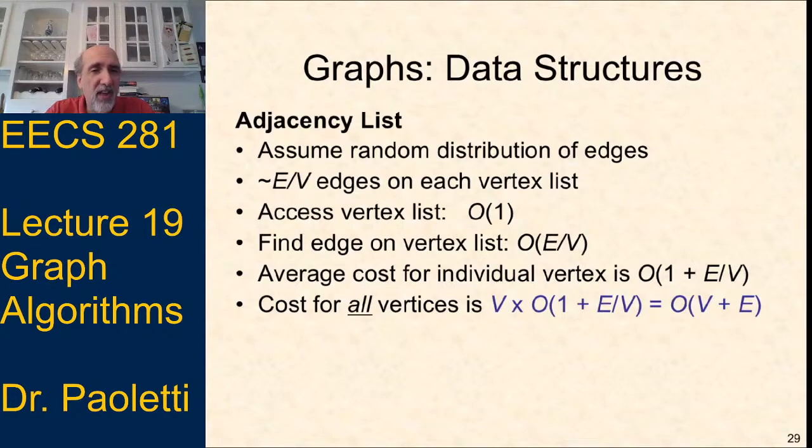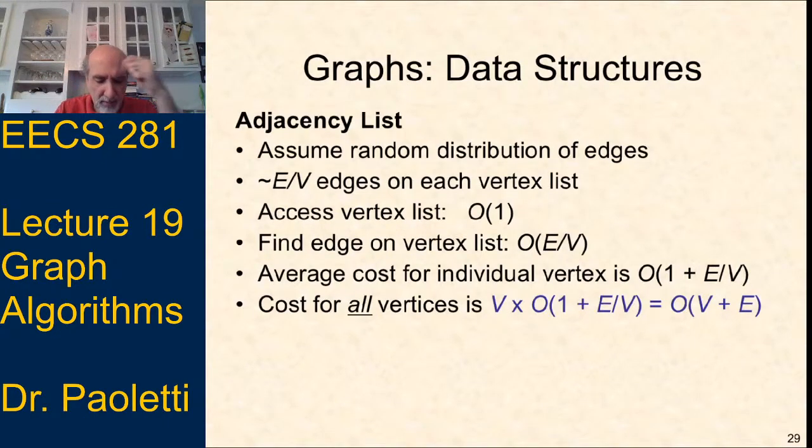What we assume is that if there are E edges and V vertices, there should be approximately E divided by V edges in each list. And we're going to make one assumption: that accessing a particular list, just getting to the head of that list, is O of 1.